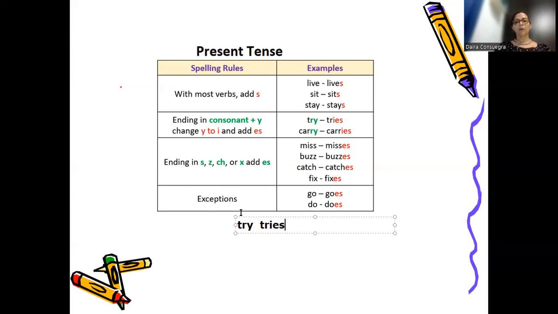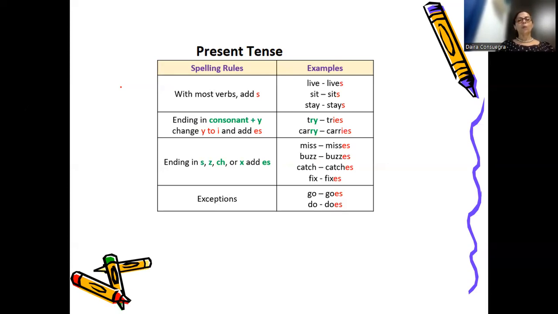For example, she tries a new dress. Ella se prueba un nuevo vestido. Okay, tries needs this because we're talking about third person, she.